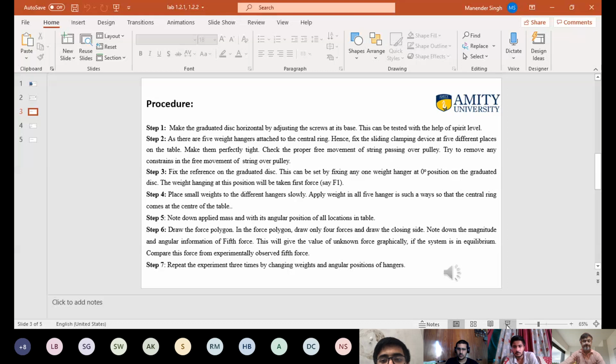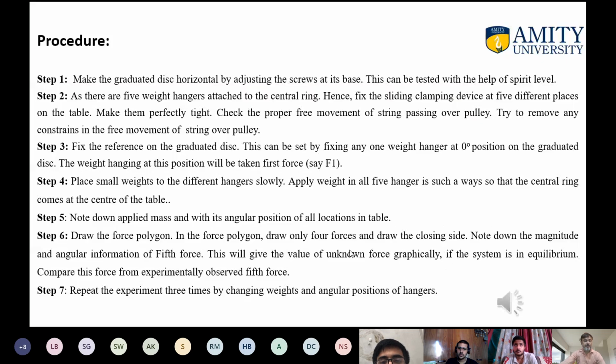Repeat the experiment 3 times by changing weight and angular posture. Okay, this is the procedure, and I will show you the video of this experiment also.